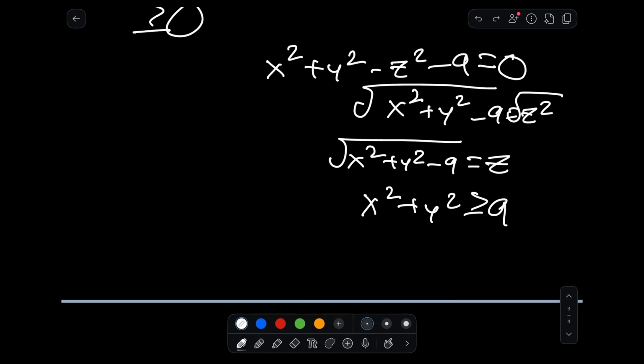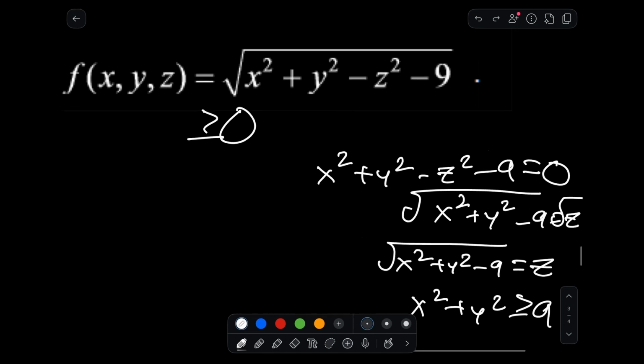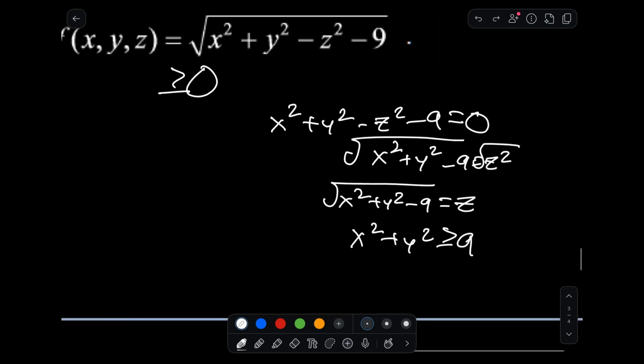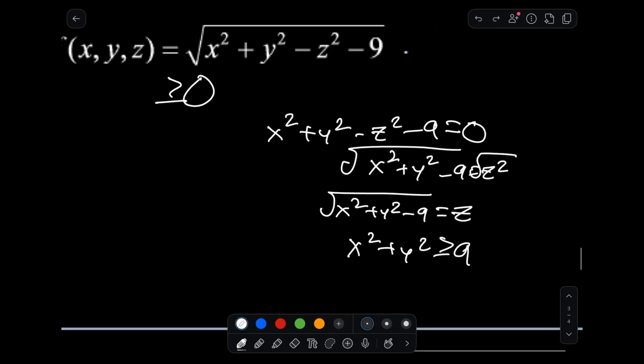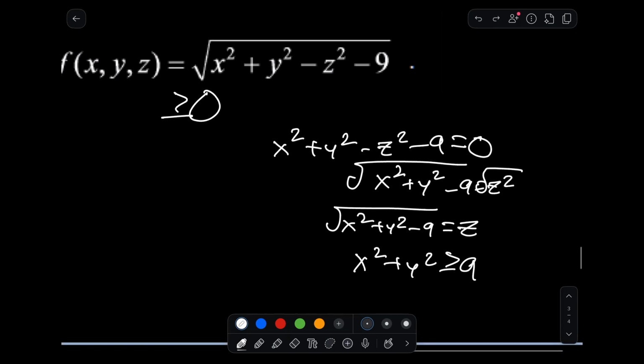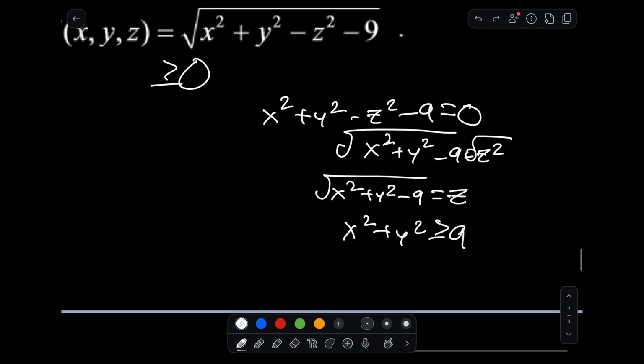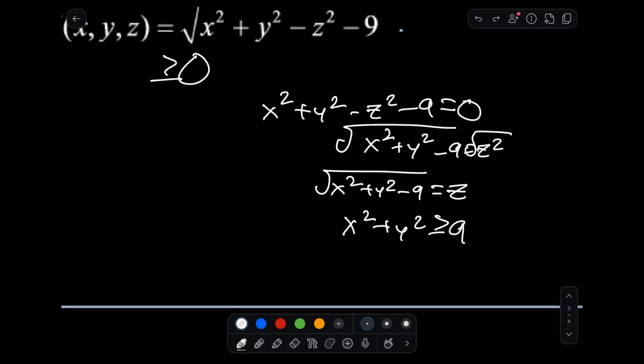And then we can go back to here and look at the function in general. We can say that z squared plus 9 has to equal x squared plus y squared. And you can do a whole bunch of algebraic manipulation to solve for this, but this is the general thing you want to look for.